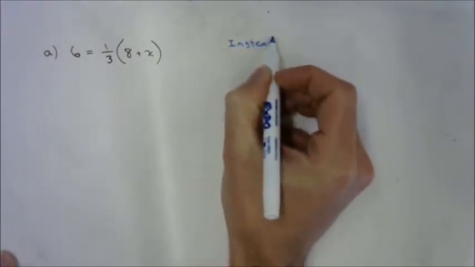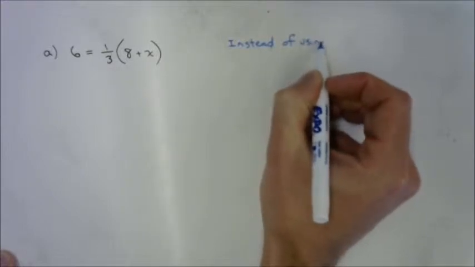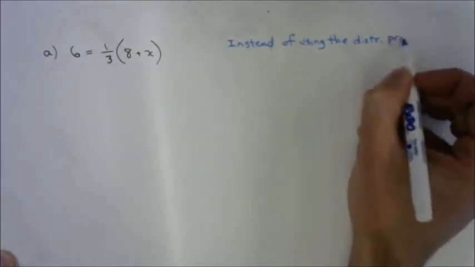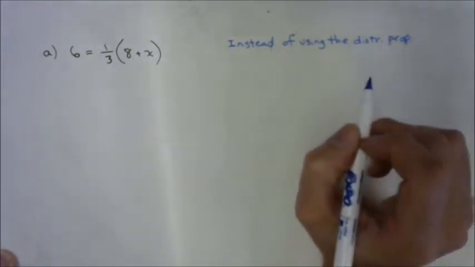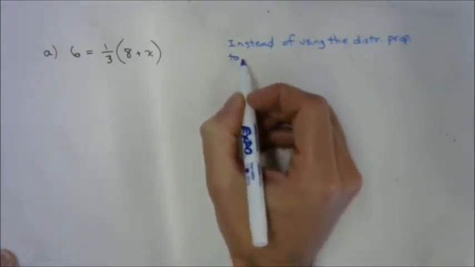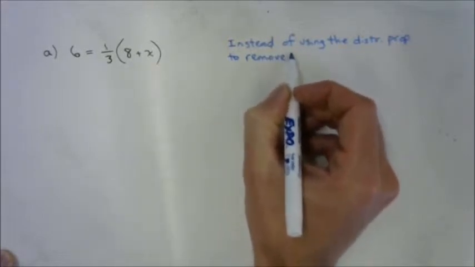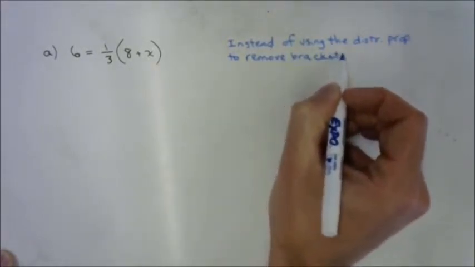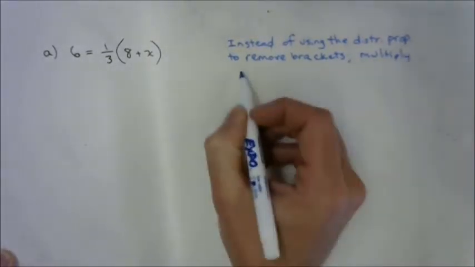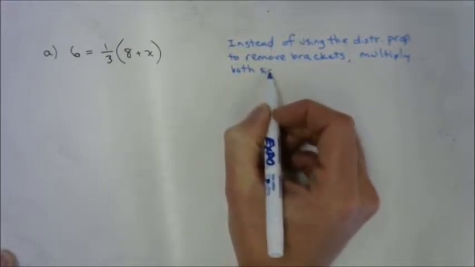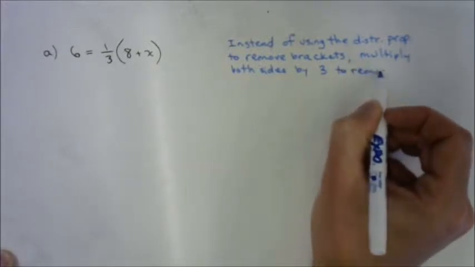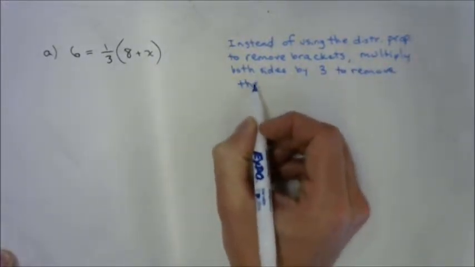Instead of using the distributive property to remove brackets, multiply both sides by 3 to remove the fraction.